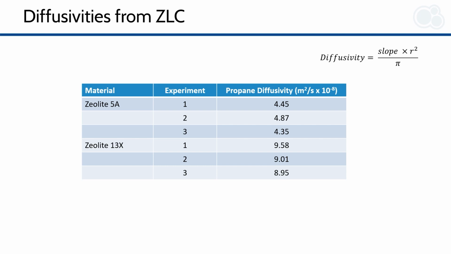This makes sense based on the pore size of 5A versus 13X. So the pores of 5A are smaller than 13X, so we would expect faster diffusion through the larger pores of our zeolite 13X, which is what we saw in our experiments.